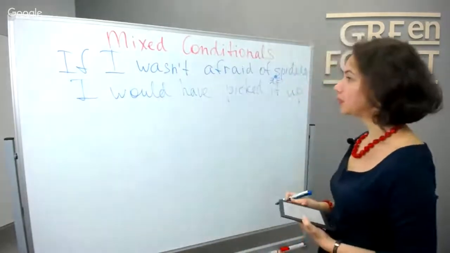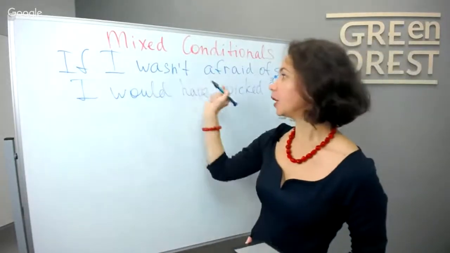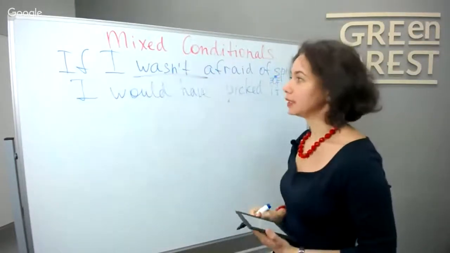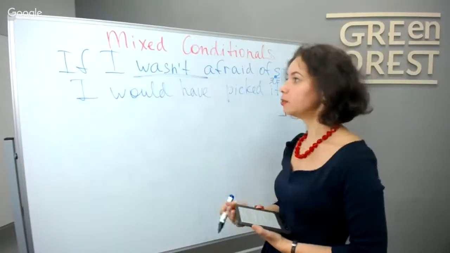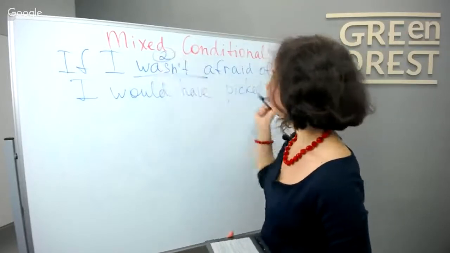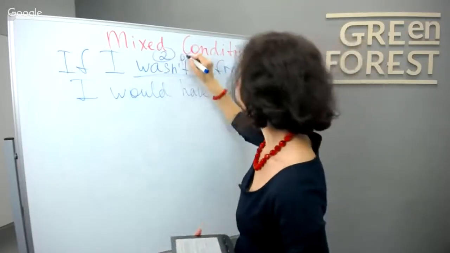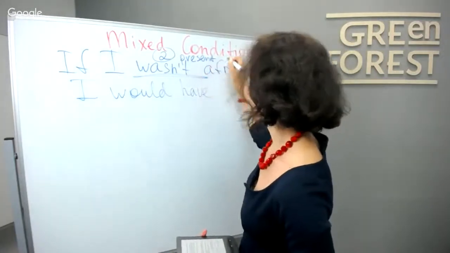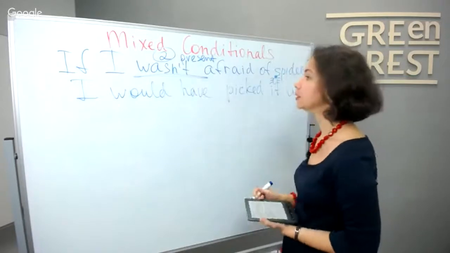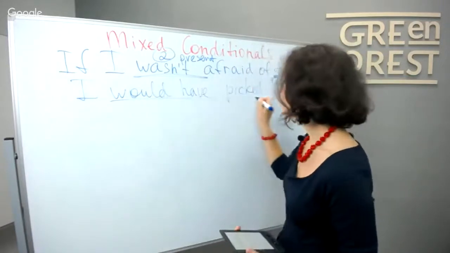So what we have here, if I wasn't afraid of spiders, wasn't, what is it? This is past simple. Past simple we use to express second conditional. So this is our present. Present unreal conditional, because I am actually afraid of spiders. I would have picked it up.